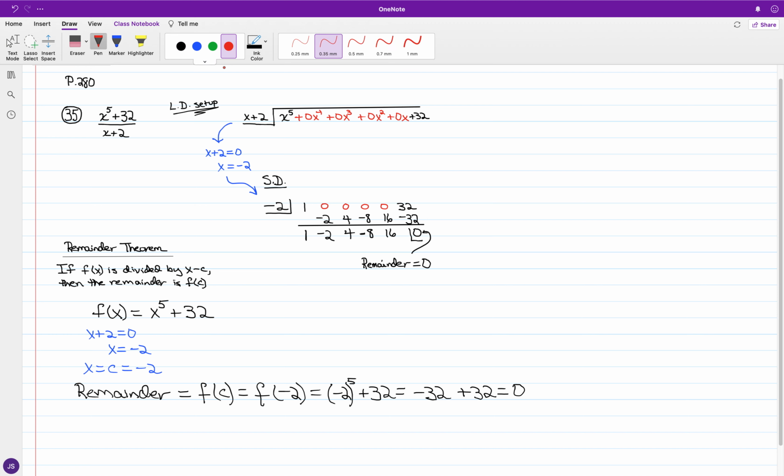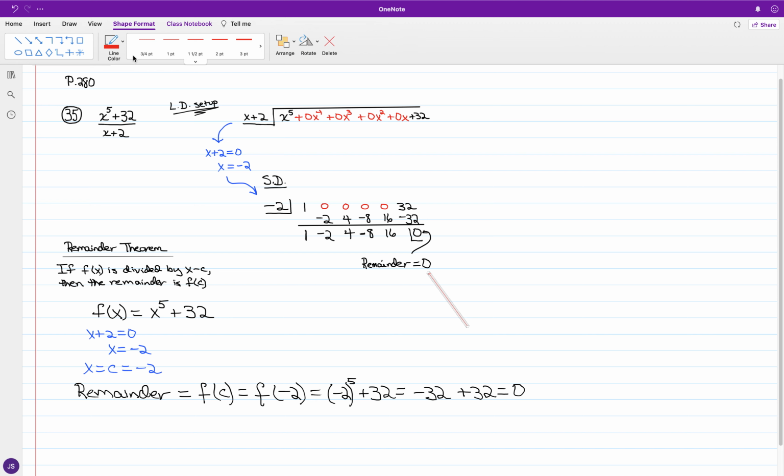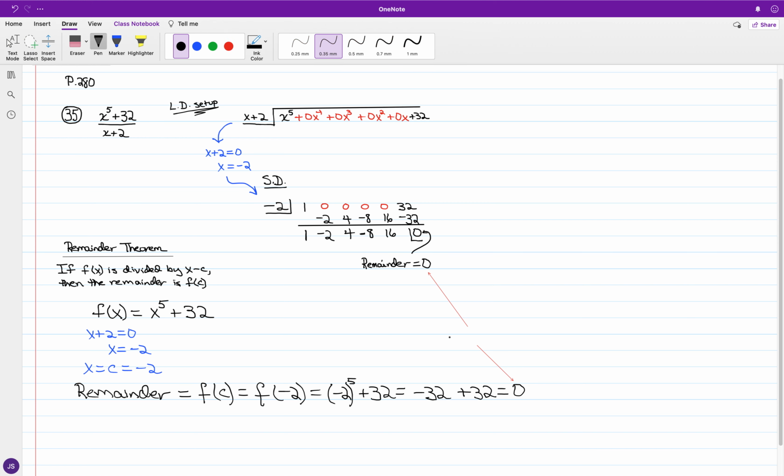And it turns out that whether it's through synthetic division, long division, or the remainder theorem, the results will be exactly the same.